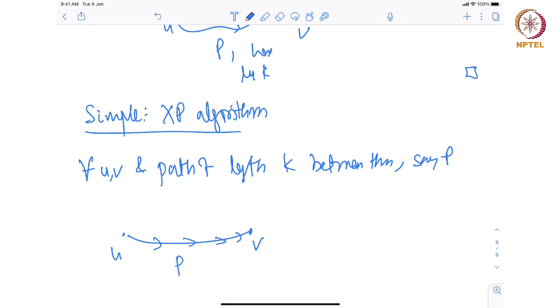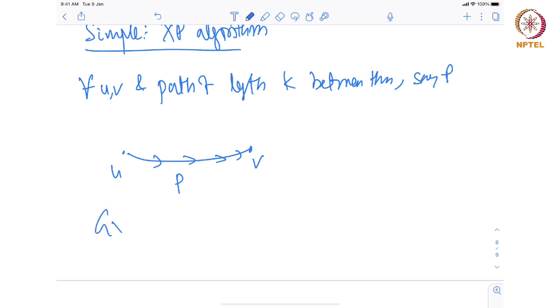Now, what will you do? You look at G minus the internal vertices, basically G minus V(P) minus u comma v.